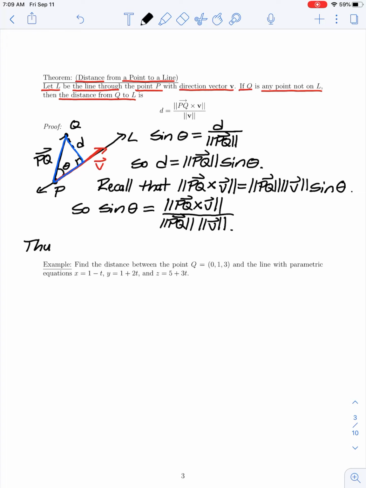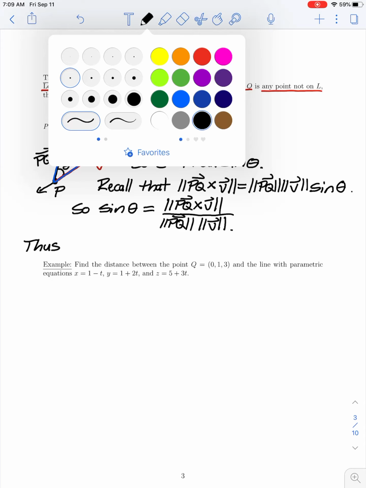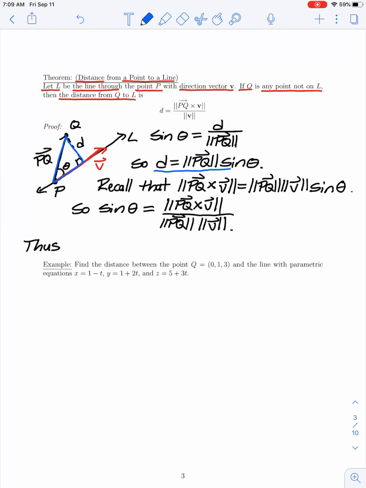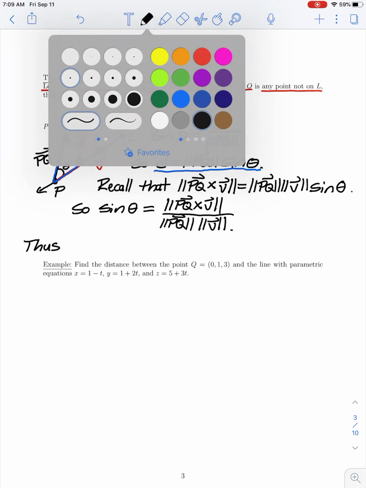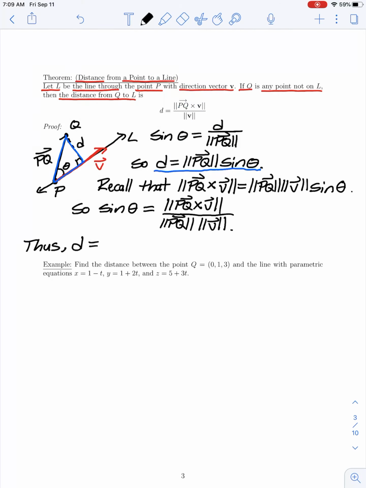So substituting that expression for sine theta into the equation that we had above for distance, we find that the distance from our point Q to the line L is given by the magnitude of PQ times sine of theta, which we just found as the magnitude of PQ cross v, divided by the magnitude of PQ times the magnitude of v.